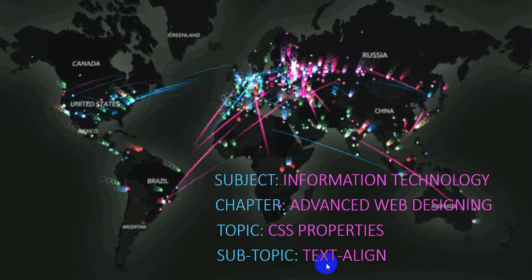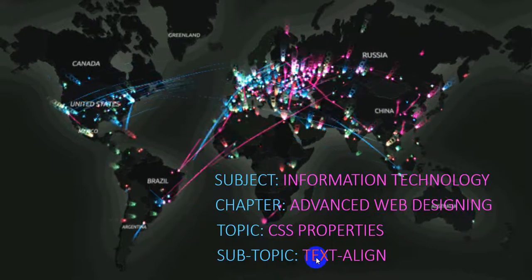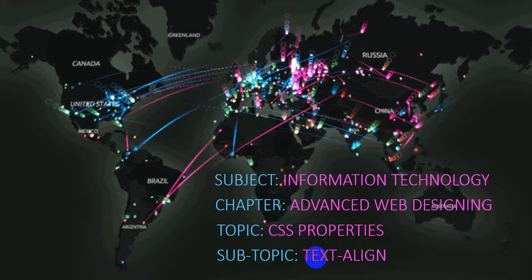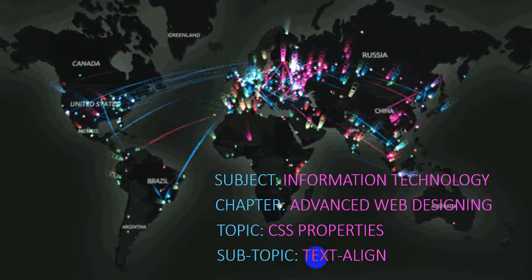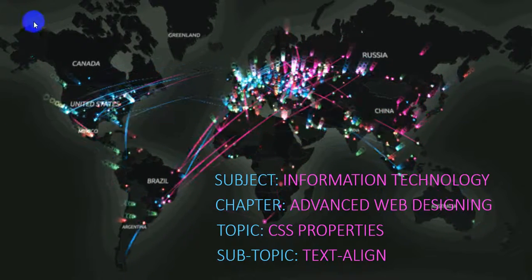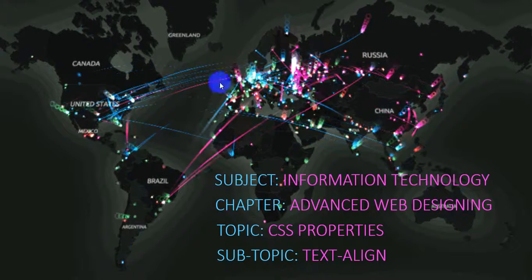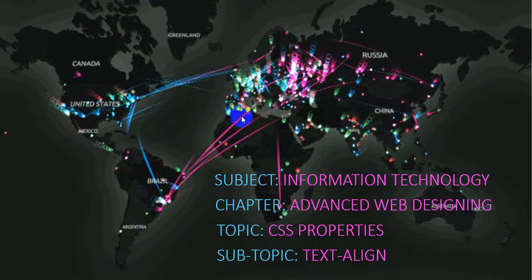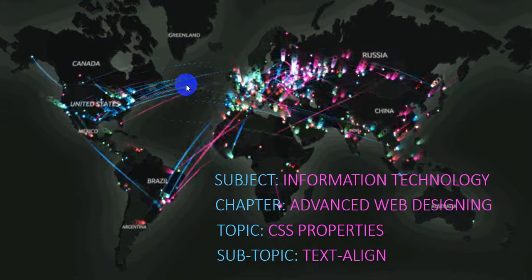So the text align property of CSS is used to align horizontally. I am talking about horizontally, means row wise, how your row will start.